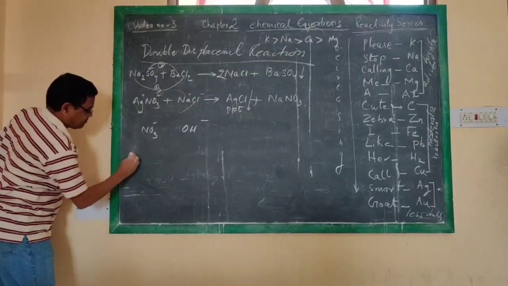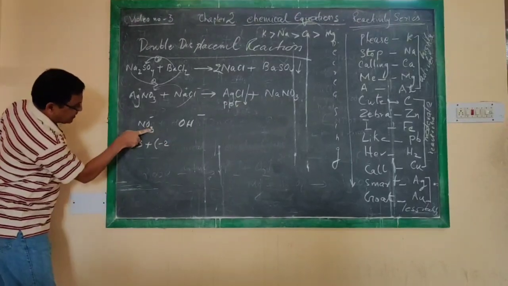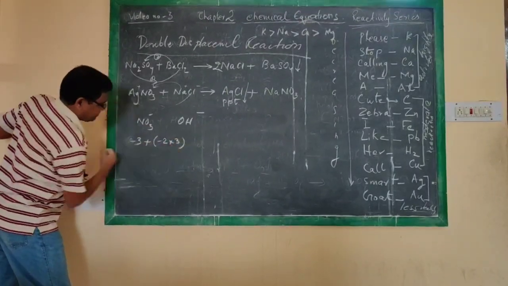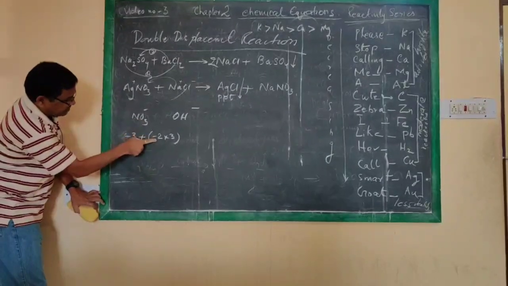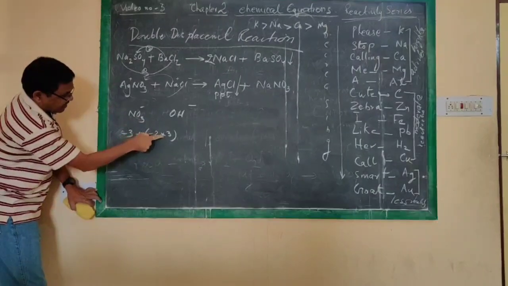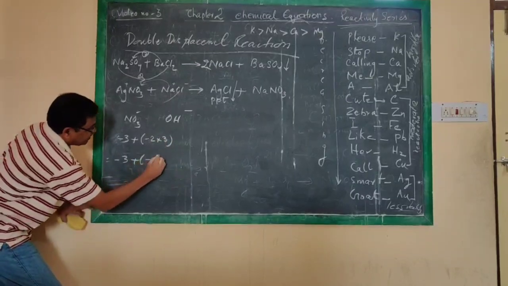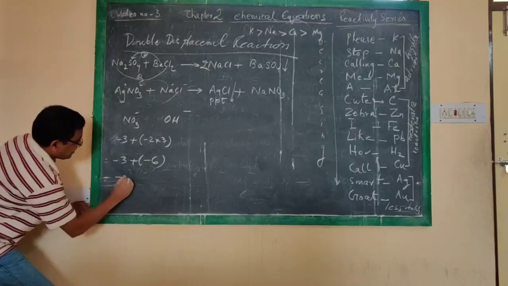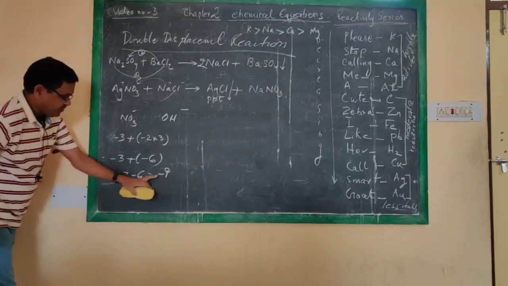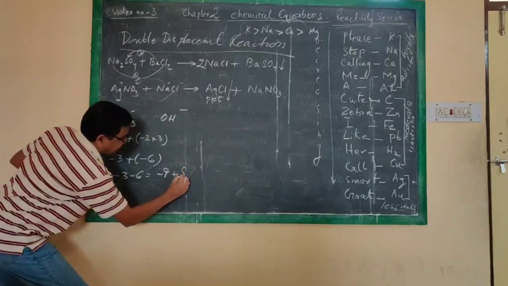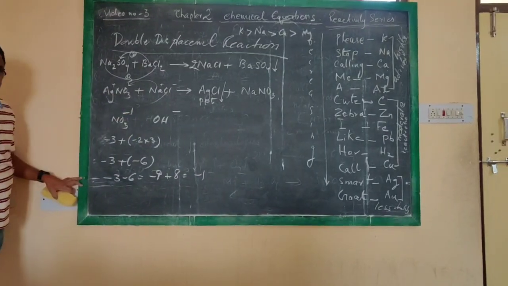Nitrogen is minus 3, plus oxygen is minus 2, 3 atoms of oxygen, minus 2 into 3, which is minus 6. So minus 3, minus 6, minus 9. When you get a higher number, you add it with 8, and you get minus 1. That is what it is showing, minus 1.